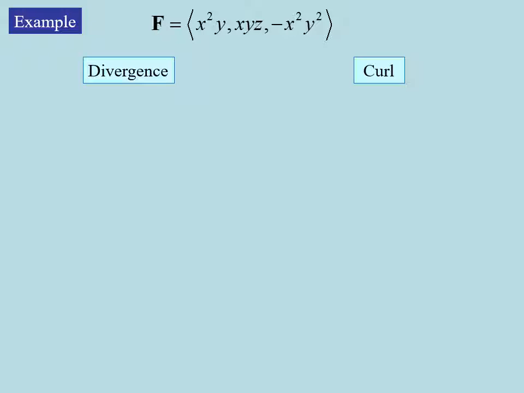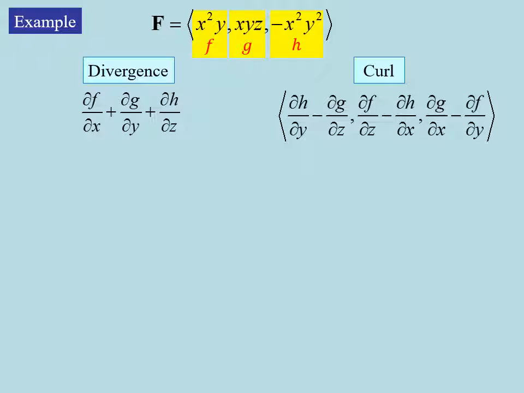So let's take a vector field and actually do the computation for divergence and curl. So have the formulas handy, or better yet, program them into your TI-89, and let's do the divergence and curl. We'll call these F, G, and H for use in the formula. So here's our formulas for divergence and curl.